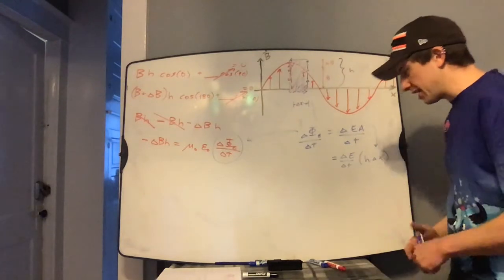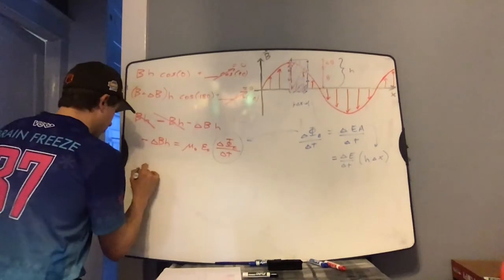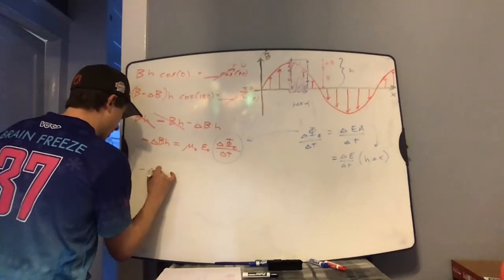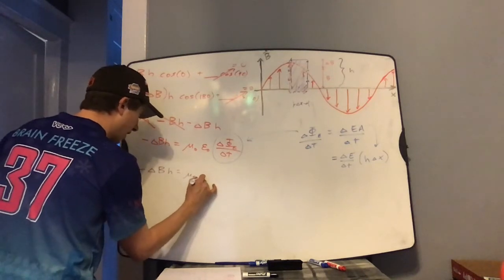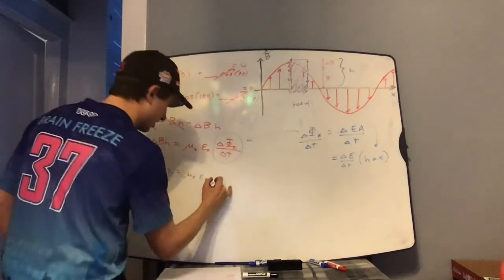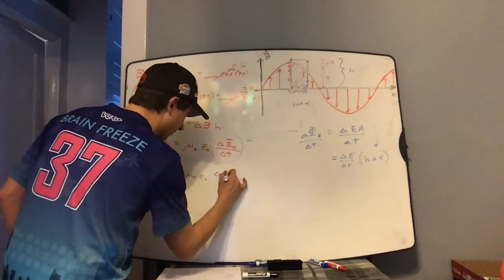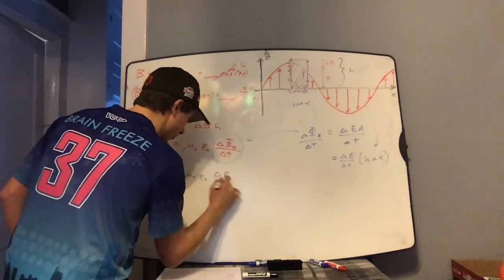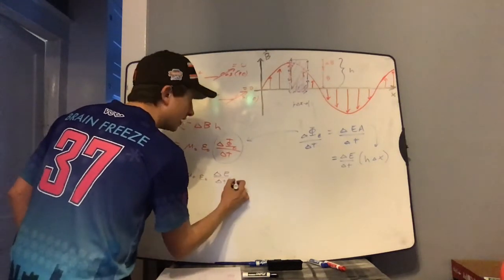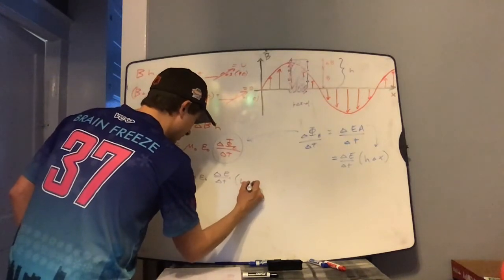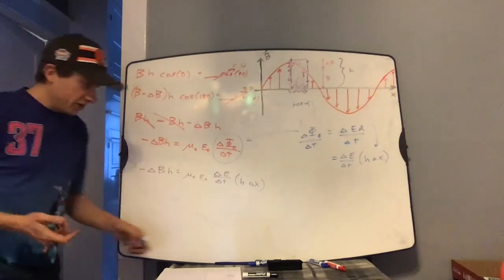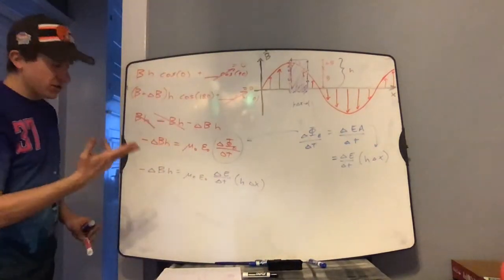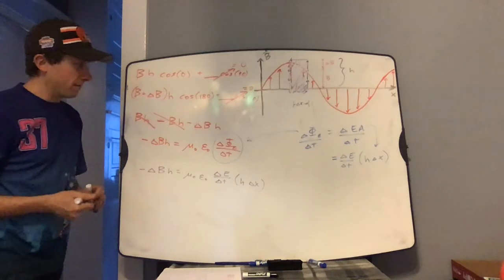And when I apply that to Ampere's law, I get negative delta B times h on the left side equals mu naught epsilon naught times delta E over delta t times h delta x. Now at this point, I'm done with all of the physics of this problem.